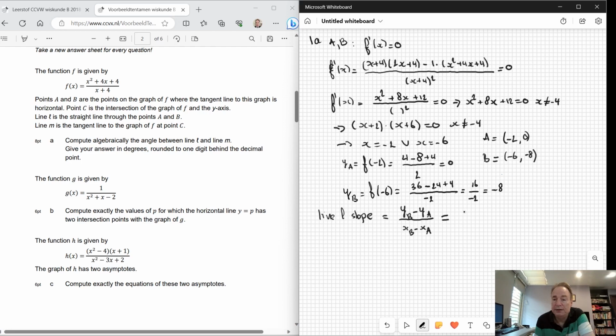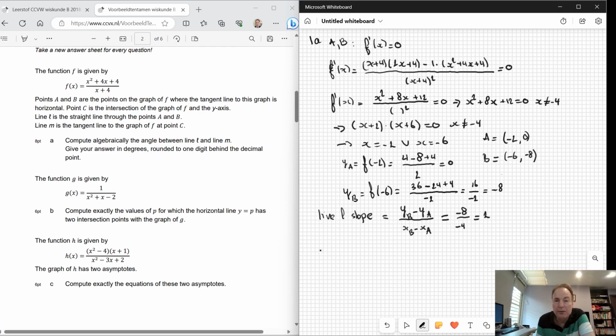So that is negative 8 divided by minus 6 minus negative 2. So plus 2. So it's minus 8 divided by minus 4, which is 2. So that's the slope of line L.